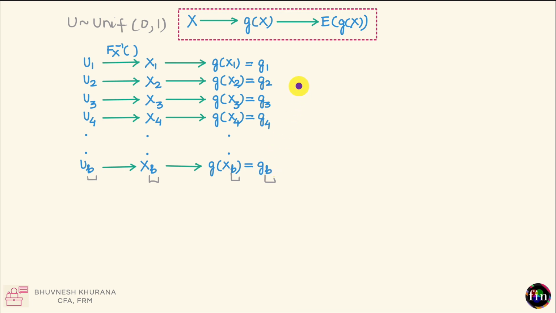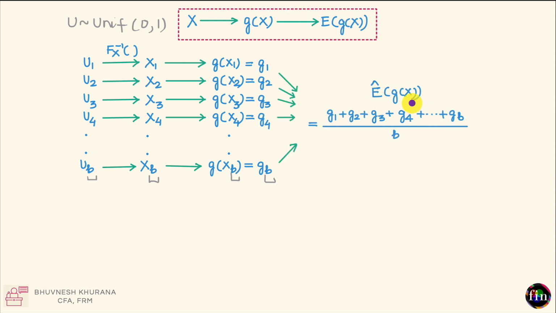Monte Carlo simulation arrives at the estimated value of the expected value of g of x through a very simple estimator: it is simply equal to the arithmetic mean, the simple average, of these b simulated values of g of x.